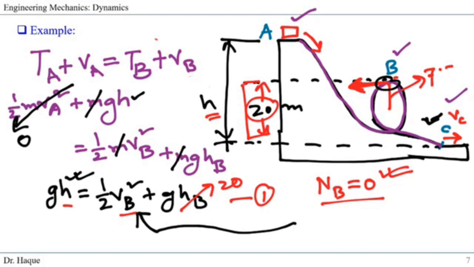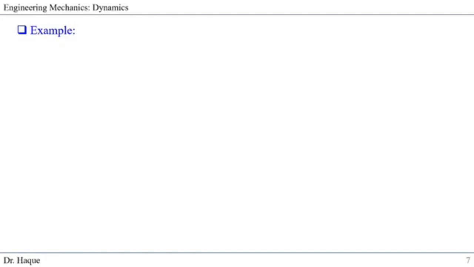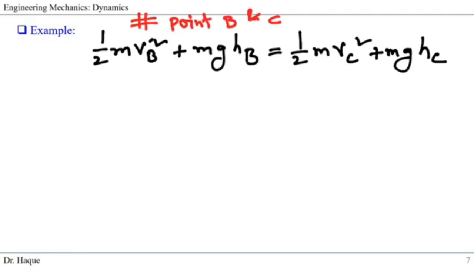Now we're going to select point B and point C. So we're going to apply the equation at points B and C. This is our equation of conservation of energy taking points B and C: kinetic energy, potential energy at B, kinetic energy at C, potential energy at C. At point C, the track is flat, so h is 0, so this entire part becomes 0.